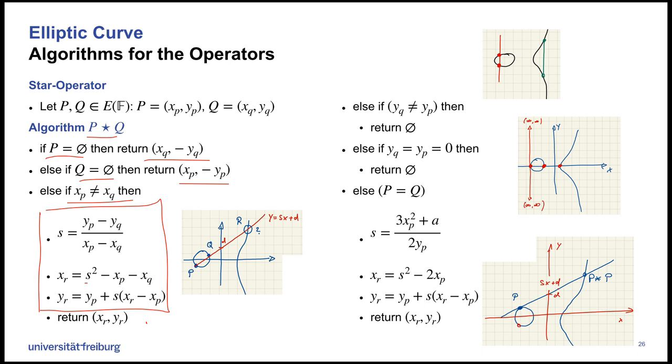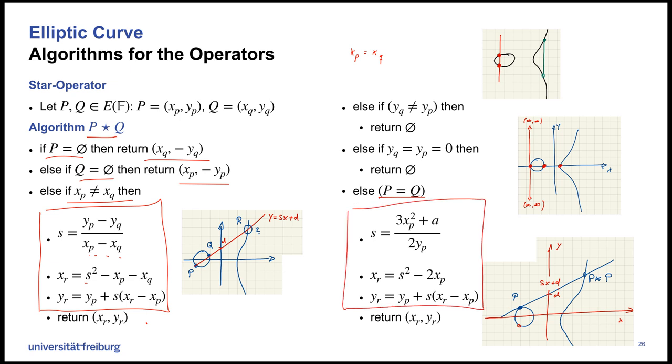Now there's another case where xp is equal to xq, and the given points are upon each other, and then we have to find out what happens, which are these side cases, which we will look at on the slides later on. But there's a very interesting case: what happens if we have the same input. If we have the same input, we cannot divide by xp minus xq here, but then we get this formula.